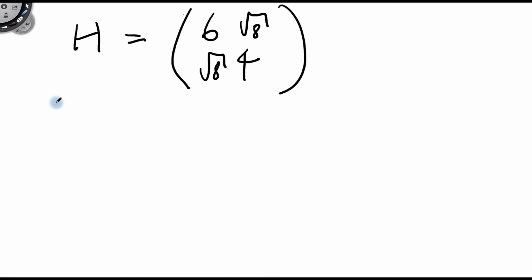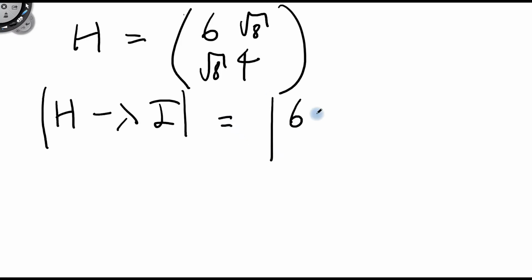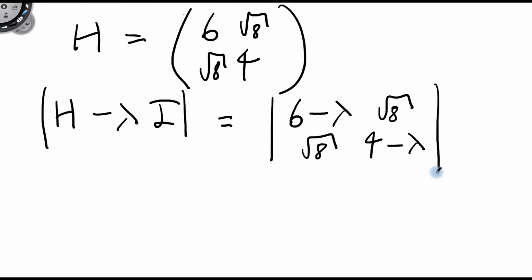So we compute our eigenvalues with the determinant. That's essentially taking lambda off the leading diagonal, and then root 8, and then the determinant is just multiplying through the diagonal and taking off the off-diagonal product.